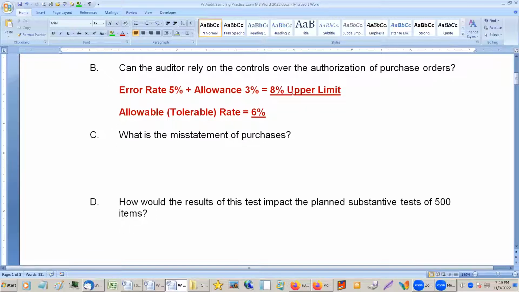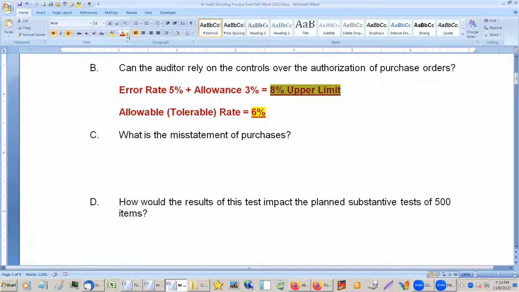No, good. These could be off by as much as 8%. So this 8% is higher.